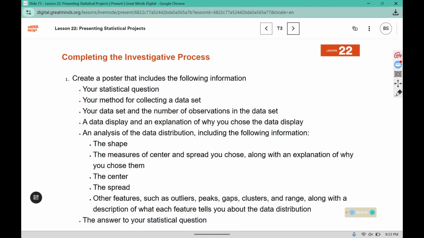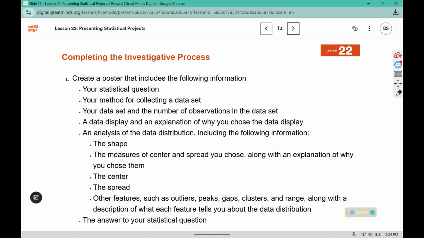Your job today is to create a poster that includes the following information: your statistical question, your method for collecting a data set, which may be a survey, or you may get data from the office on attendance, and so on. You may search up data from a weather website.